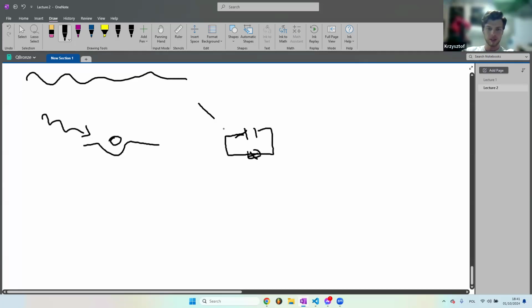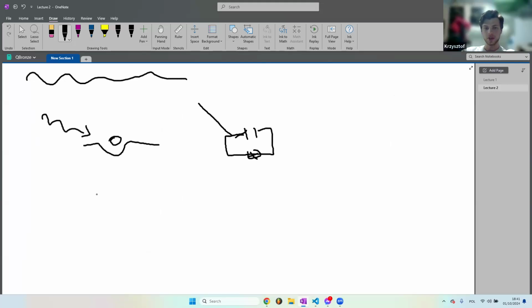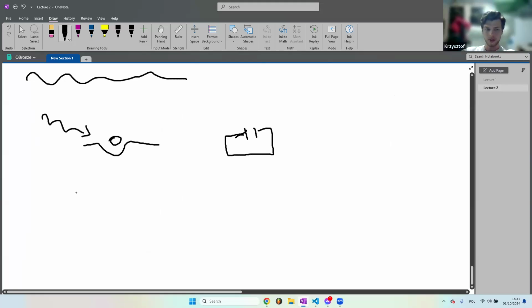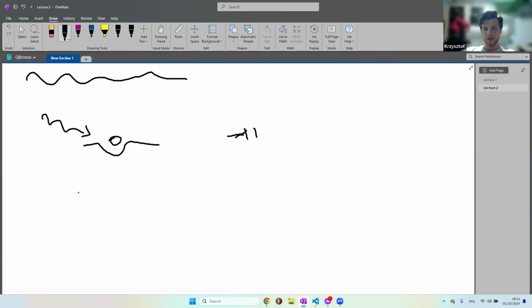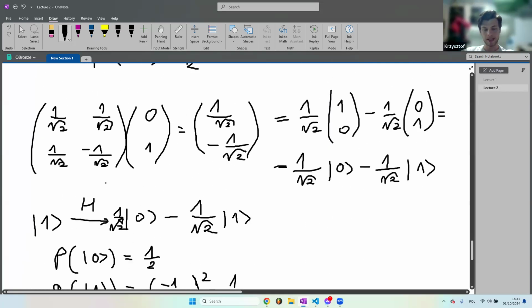And in each framework, the operation of qubits is done by lasers. Those lasers can have different wavelengths, so different colors. They can have different durations. So depending on how long you shine the laser, you can apply different gates and different rotations.